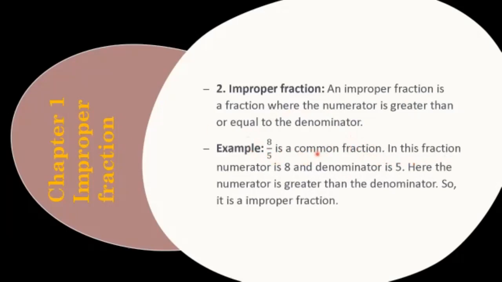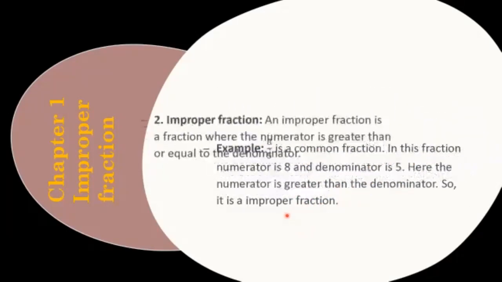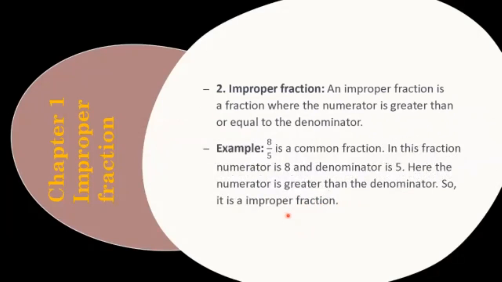In this fraction, numerator is 8 and denominator is 5. Here the numerator is greater than the denominator, so it is an improper fraction. So my dear students, this is the improper fraction, 8 divided by 5, where the numerator is greater than the denominator.